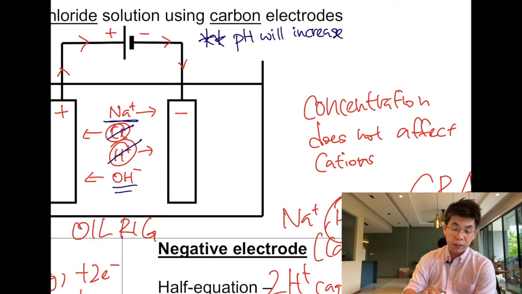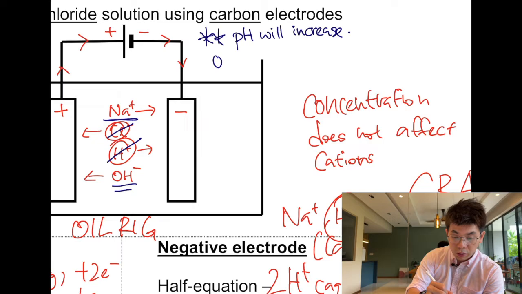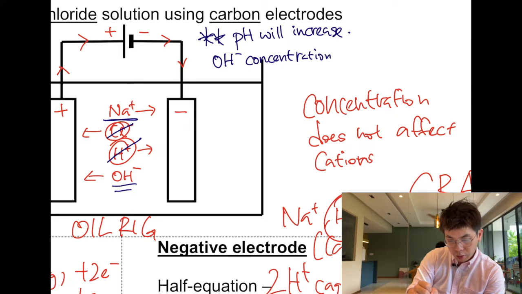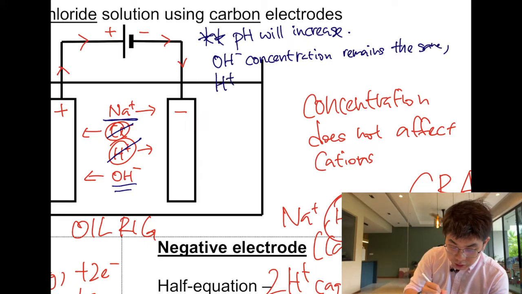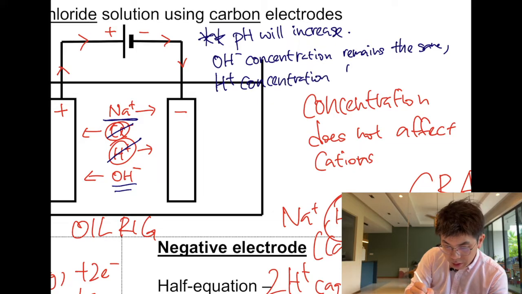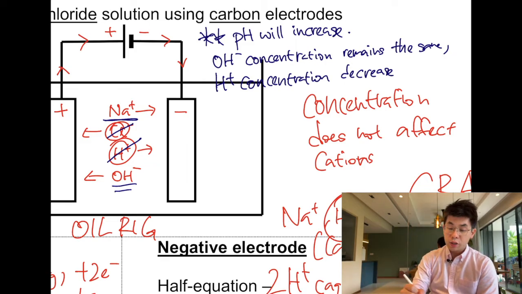This is important. The pH will increase because the OH- concentration remains the same, but the H+ concentration decreases, because the H+ is becoming H2 gas.